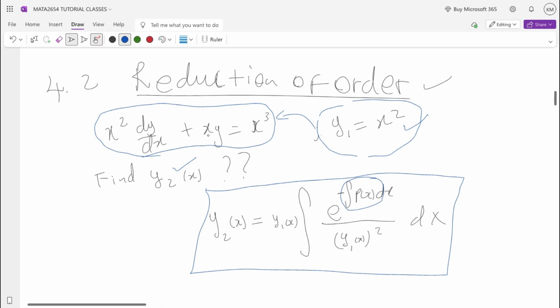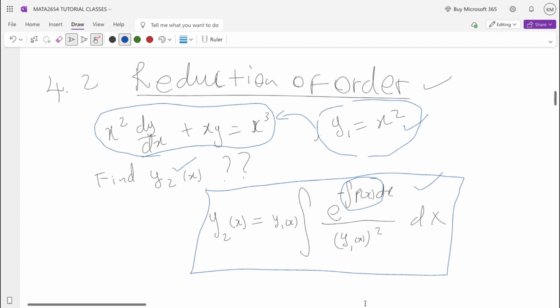If it's just like this and we pick x as our p of x, we will get it wrong. So we need to put it in standard form as well. Then everything else will follow. You just use this equation, plug in everything, then simplify, integrate, and find our second solution. So tomorrow we are on this type of technique.